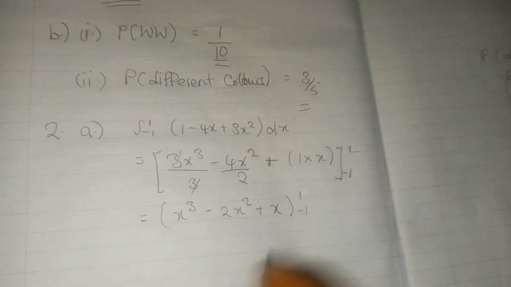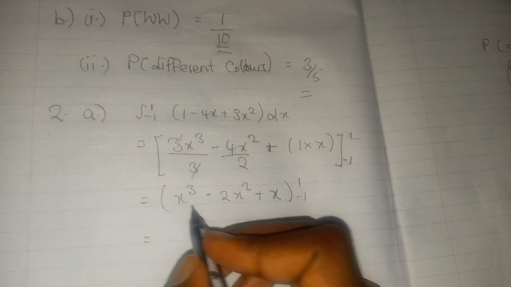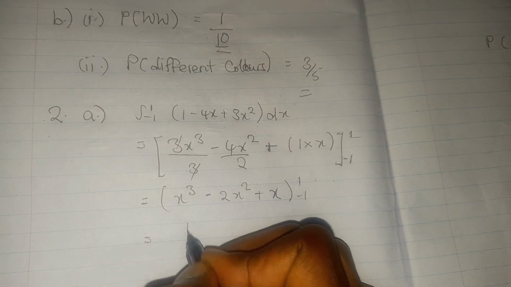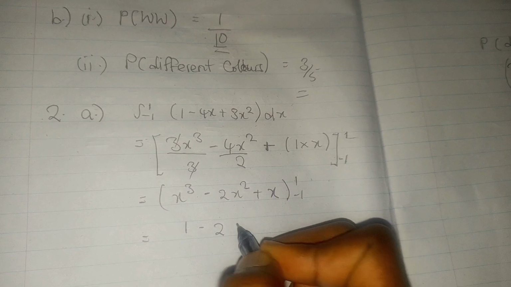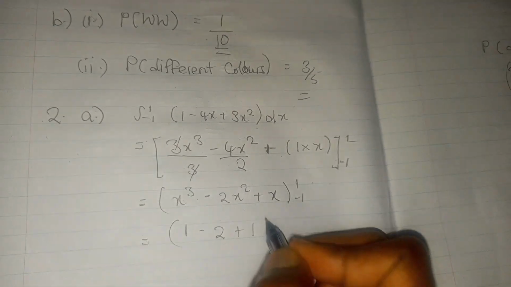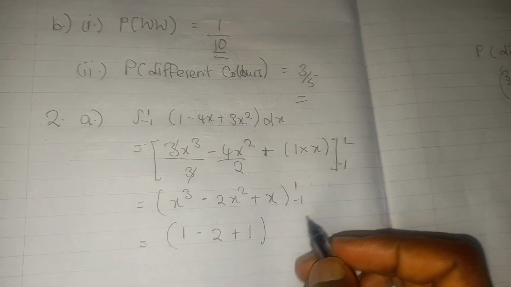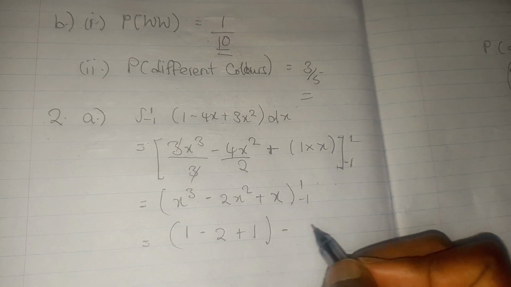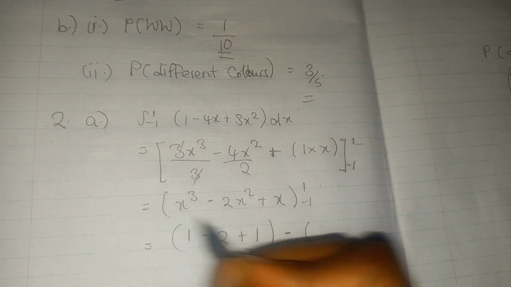1 and minus 1. So this is going to give us, you replace 1 there, it will be 1 minus 2 plus 1. When you replace 1 everywhere where there's x, then you subtract, you replace the lower limit as well.